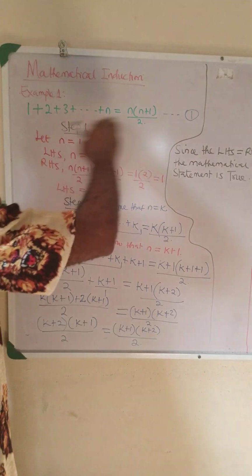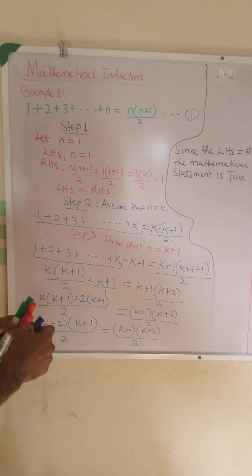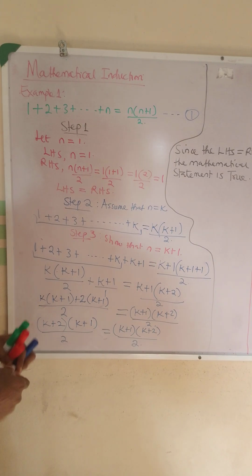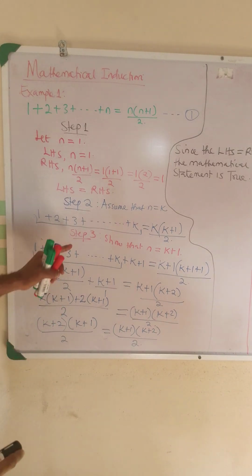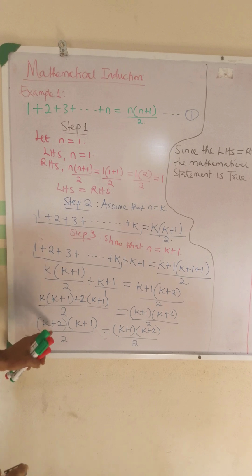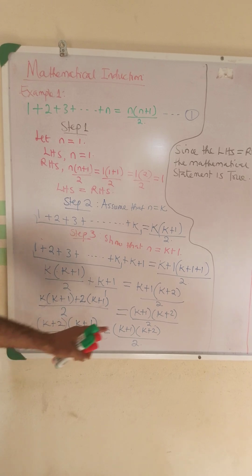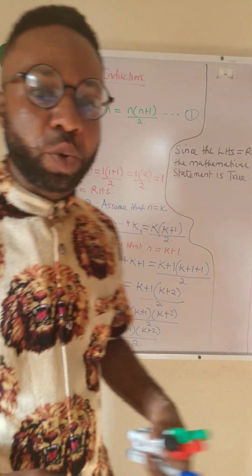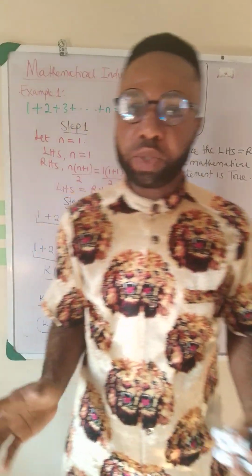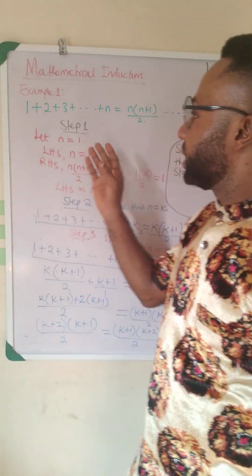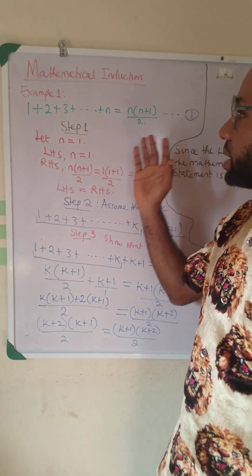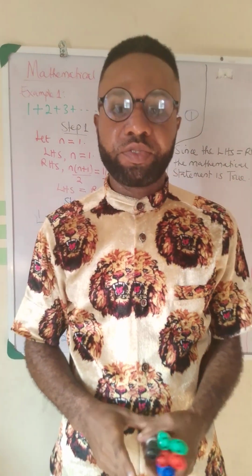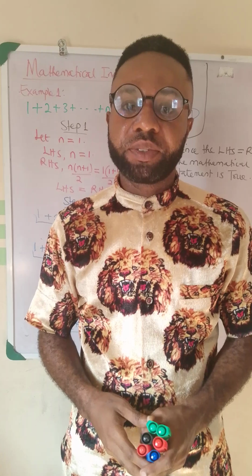It means this mathematical statement or equation is true, since we've been able to prove in step 3 that the left hand side of this equation is equal to the right hand side. So viewers, basically this is how to go about proving a mathematical statement by method of mathematical induction. Thank you.